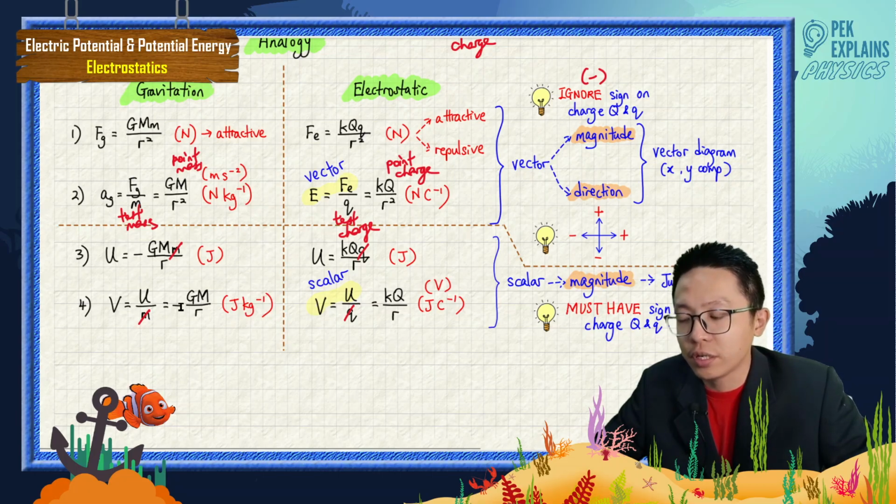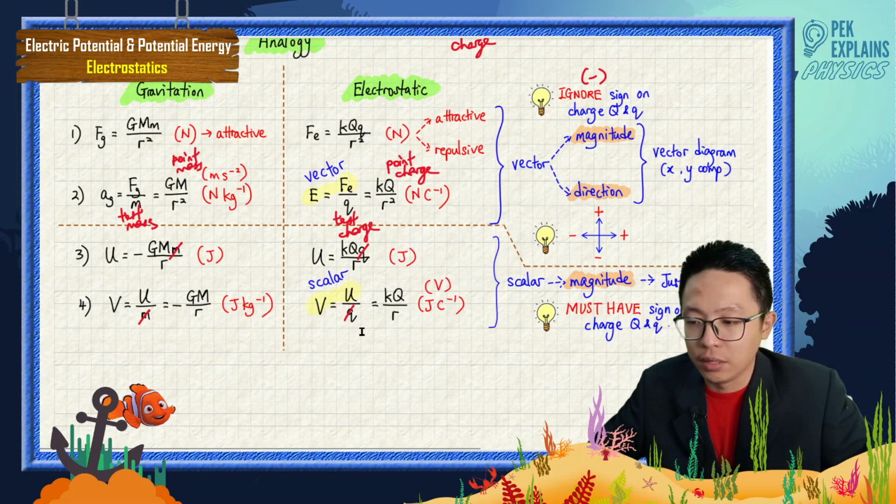Again, gravitation has a negative sign but electrostatics does not. So electric potential is electric potential energy per unit test charge. I'll explain the meaning of this later on.